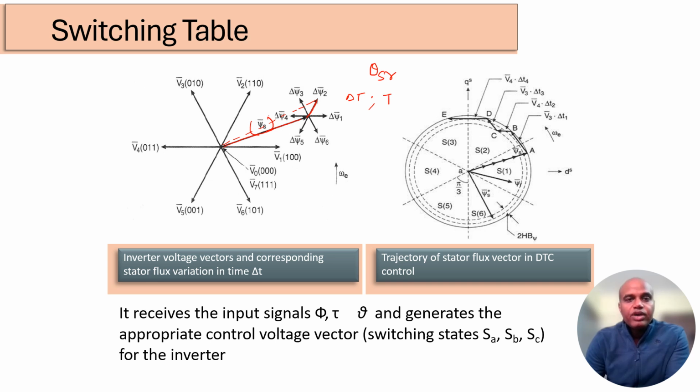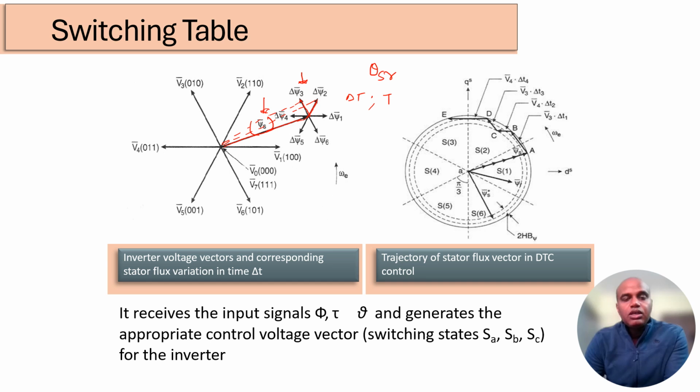Similarly, if I choose the vector, let's say V3, in that case this vector and this vector again give me an increase in the angle theta SR. However, it also reduces the amplitude of my stator flux vector, phi s. So let's say I have a condition where I need to reduce the stator flux magnitude, but I need to increase the torque.